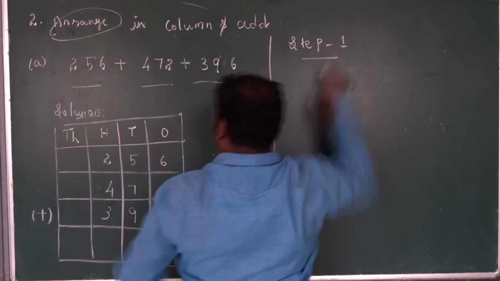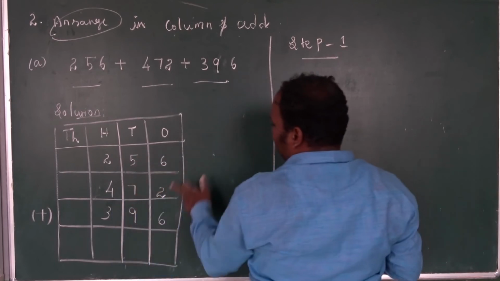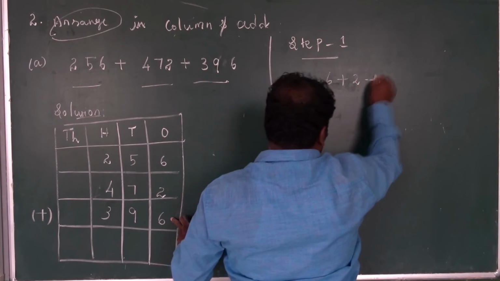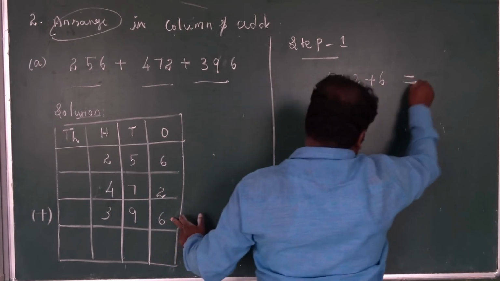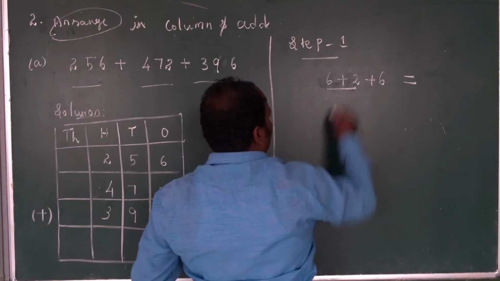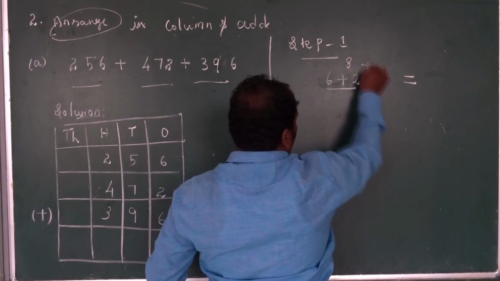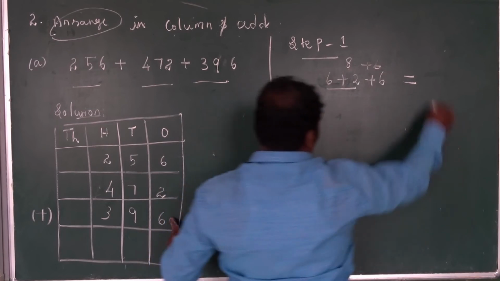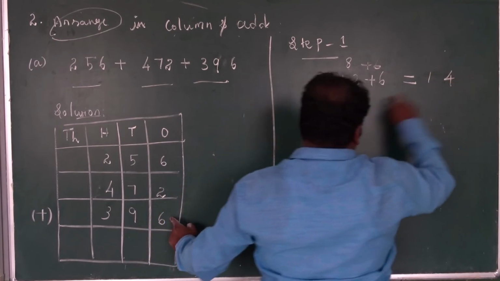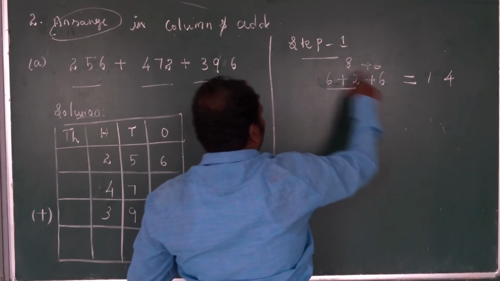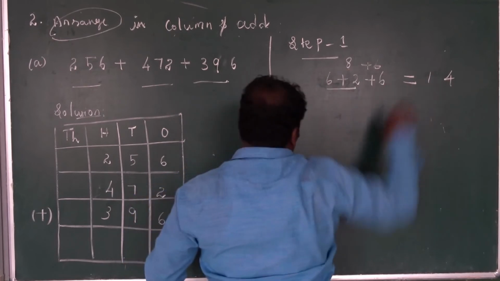Step 1, ones place: 6 plus 2 plus 6. 6 plus 2 is equal to 8. 8 plus 6 is equal to 14.